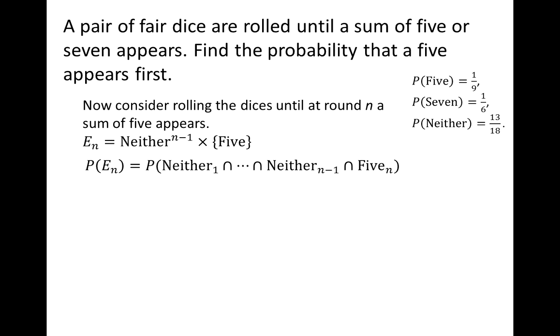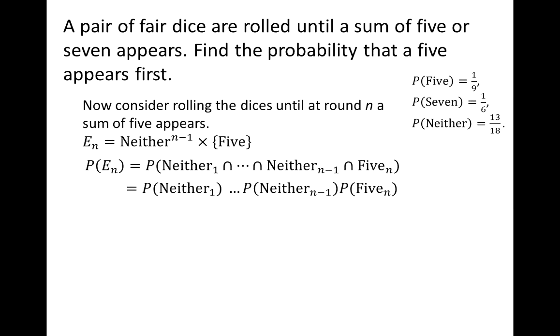So the probability of En is the probability that we get neither 5 nor 7 in the first round and in the second round, until the n-1 round, and get 5 in the nth round. Since the result of one round is independent of the result of another round, the probability of En is equal to the multiplication of the result of each round.